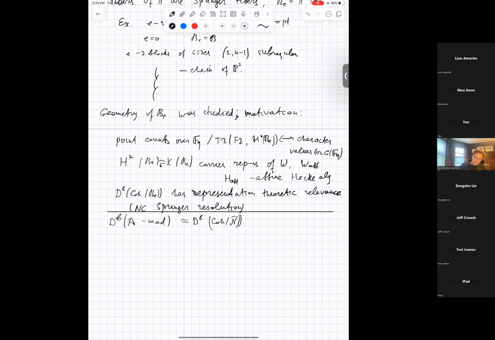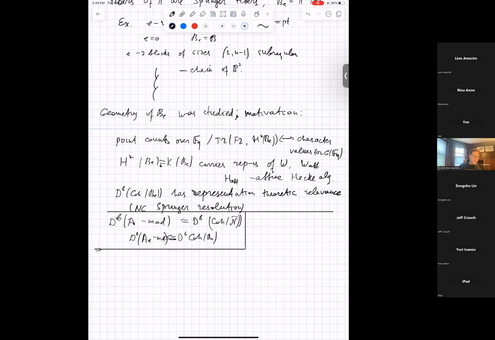But then you can specialize it to a central character e, and it will be D^b coh of B_e. That's what I meant. Because usually when I'm talking about some representation category, you fix the central character first, and that will be compared to A_e.